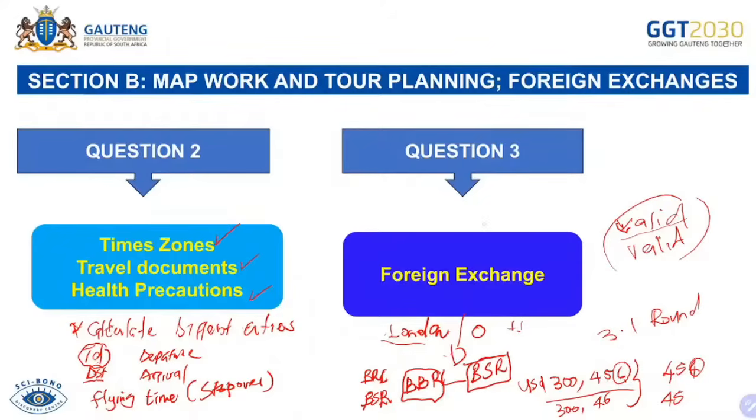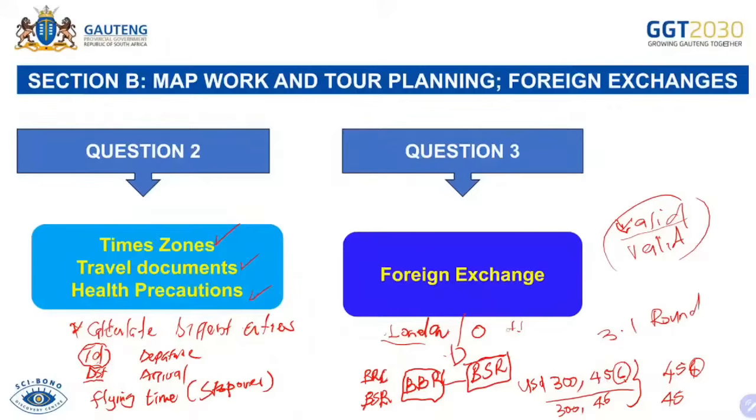Grade 12 learners, there are concepts associated with foreign exchange, such as the rate of exchange and foreign exchange itself, that is your forex. Please make sure you know such concepts. Know concepts such as a weak currency and a strong currency and their impact on tourism.